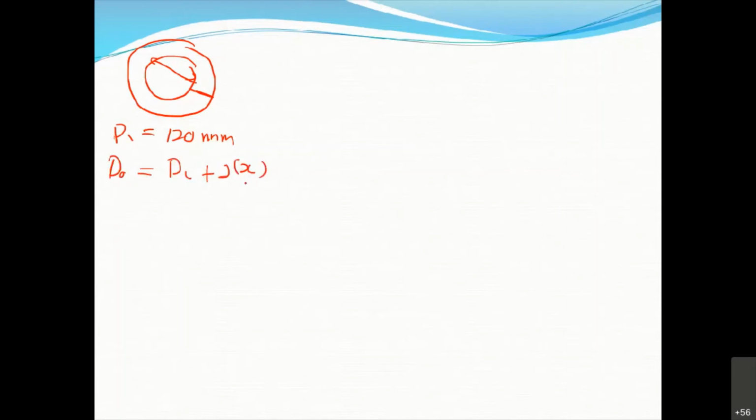Okay, so this is how you get the value of your DO. Why are we saying 2 times the thickness? Because you can see here, this is the first thickness and this is the second thickness. So in order to get this whole diameter, you have to add the inner diameter, from this point to this point, plus this value and this value, which are your thickness number 1 and thickness number 2.